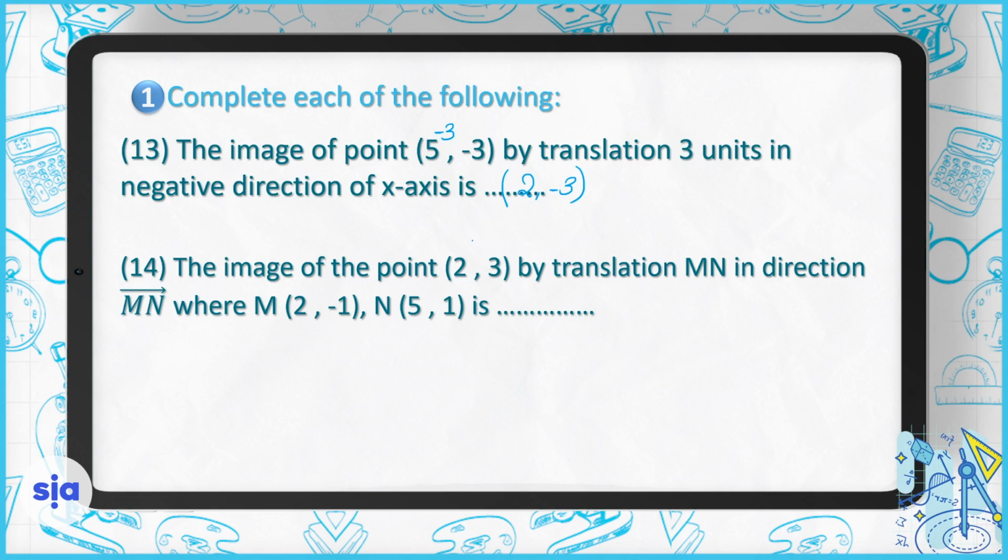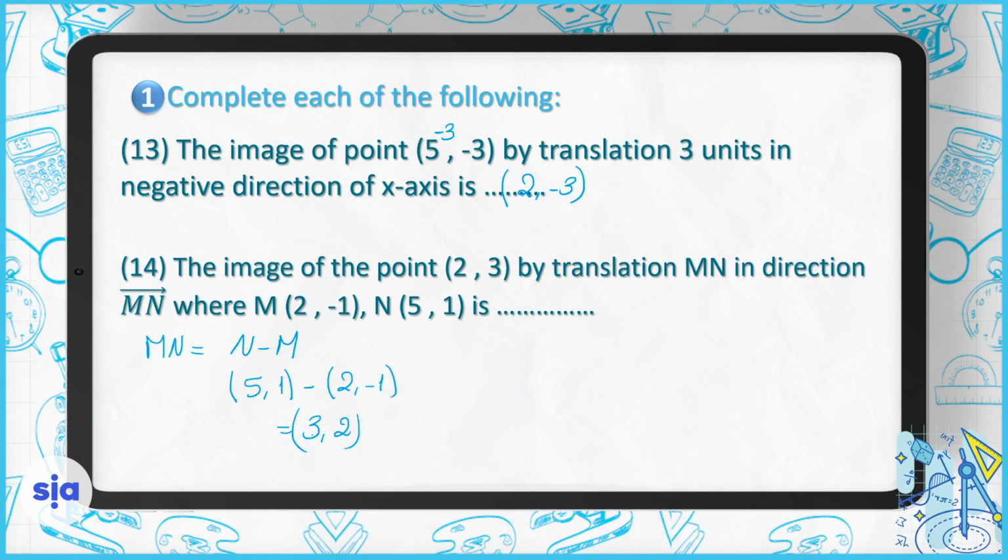Question 14. The image of the point 2, 3 by translation MN in the direction of MN ray, where M is 2, -1 and N is 5, 1 is what? As we subtract, MN means that we subtract N minus M. So it is 5, 1 minus 2, -1, which becomes 3, 2.